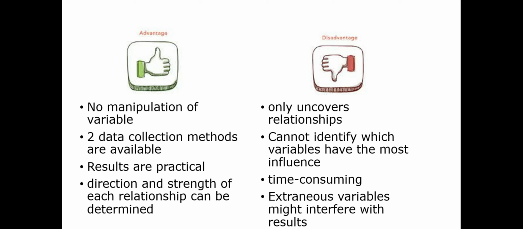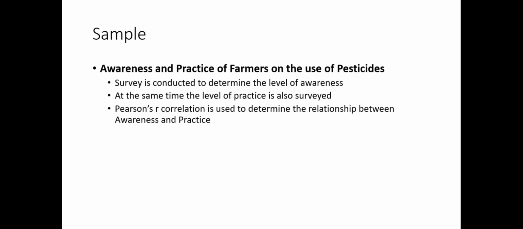Like for example, in this research, we can see that awareness and practice may have a relationship, but of course, it isn't just the awareness that may affect the level of practice of farmers and the use of pesticides.